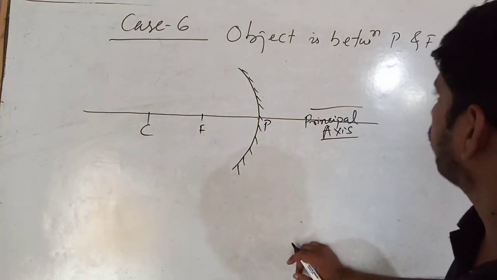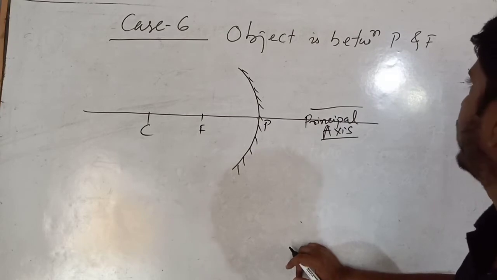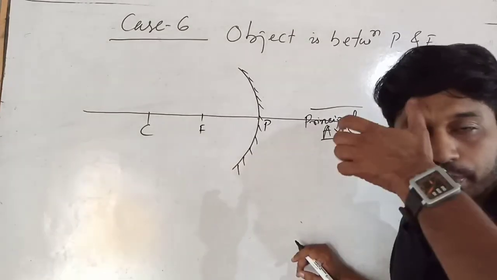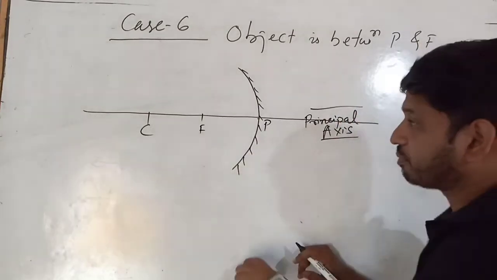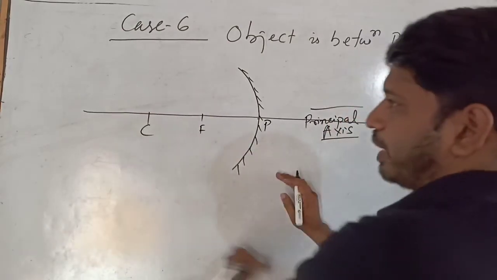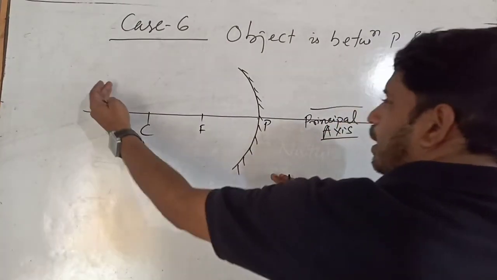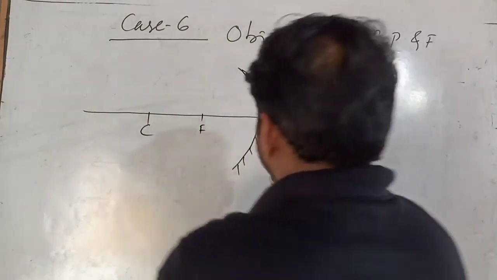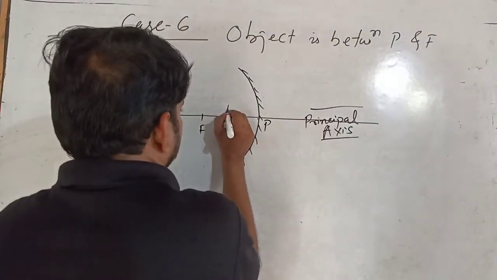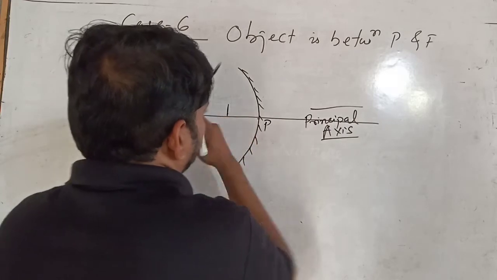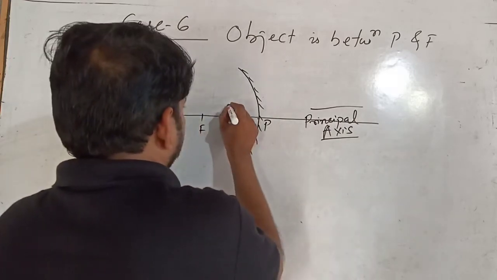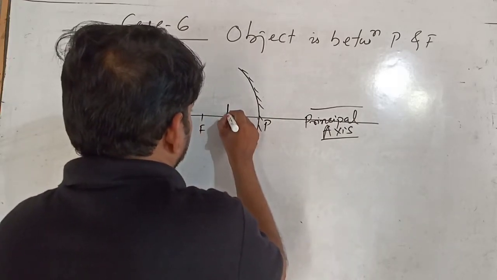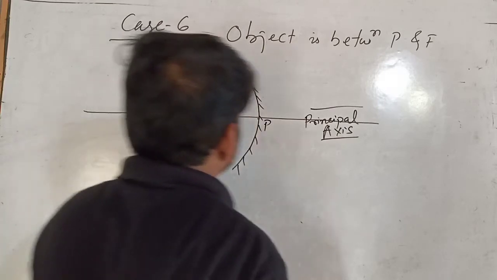So now, according to our question, the object is between P and F. The object has moved from infinity, to beyond C, to between C and F. Now it is between P and F, and I think again it will strike the mirror and break it finally.